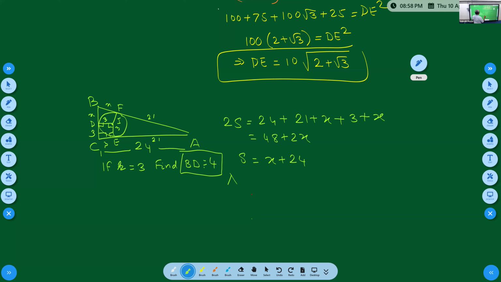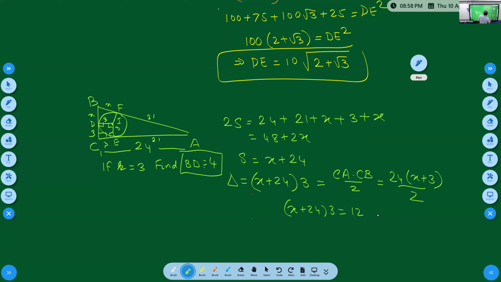Therefore area is equal to X plus 24 into inradius 3, which is also equal to CA into CB upon 2, which is equal to 24 into X plus 3 upon 2. This is the relation we have. X plus 24 into 3 is equal to 12 into X plus 3. So if you solve, you'll get X is equal to 4.